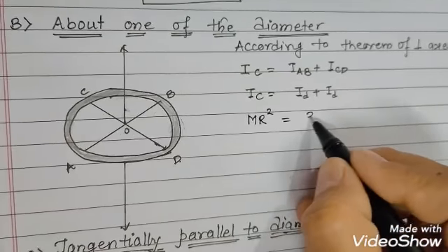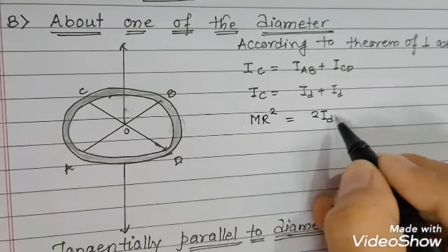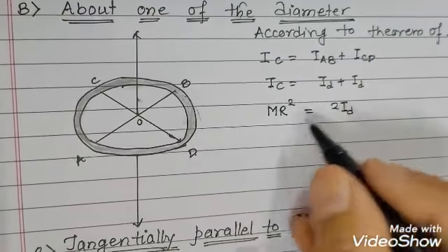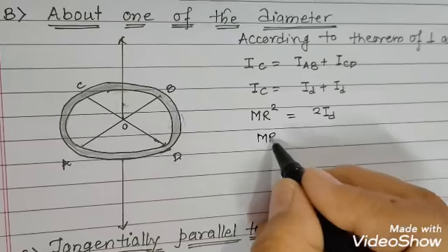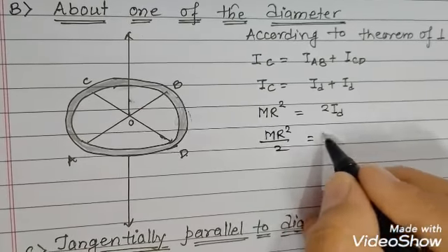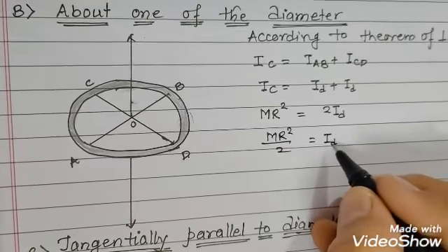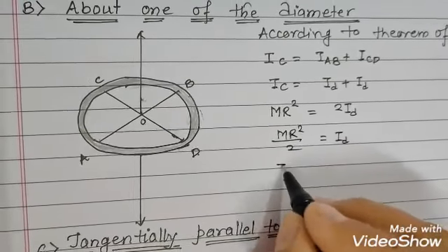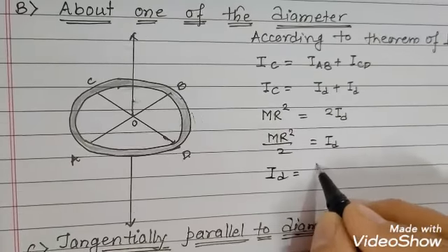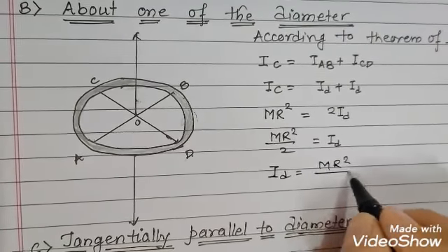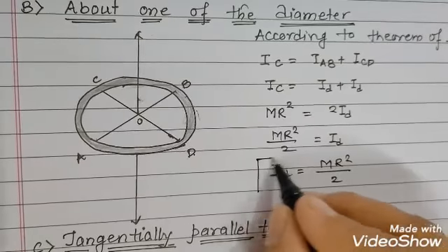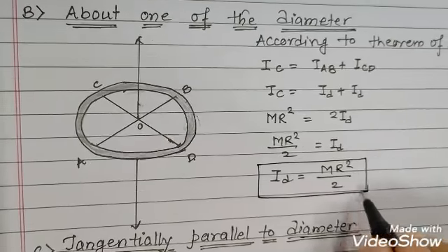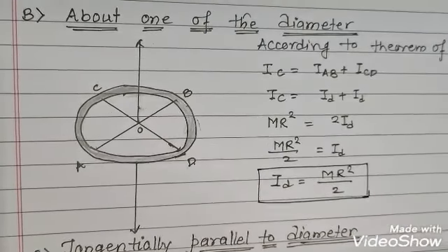So this can be 2ID, the moment of inertia, this will be 2ID. Now mr square upon 2, and this is ID. ID is for the moment of inertia about one of the diameters. So ID is now what? It is mr square upon 2. The moment of inertia about one of the diameters will be equal to mr square upon 2.